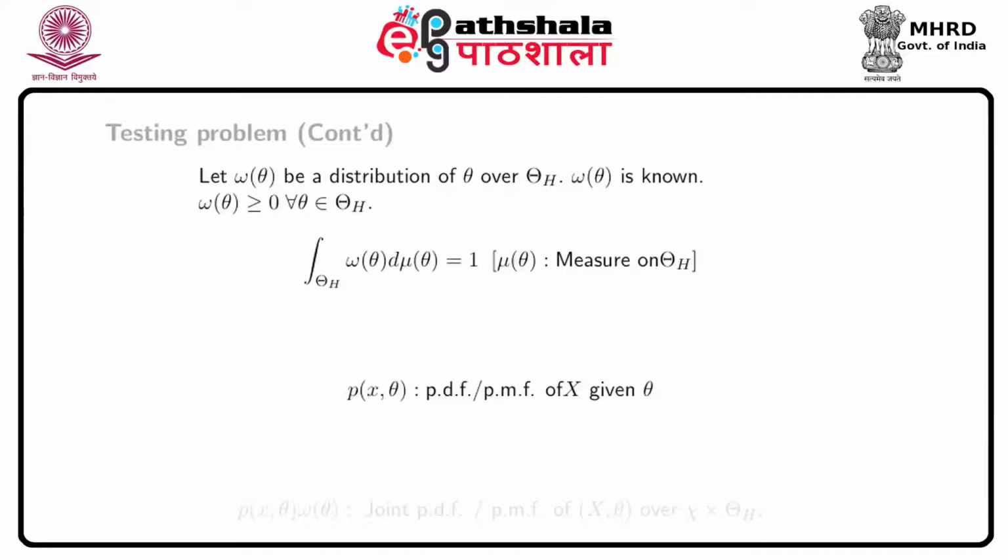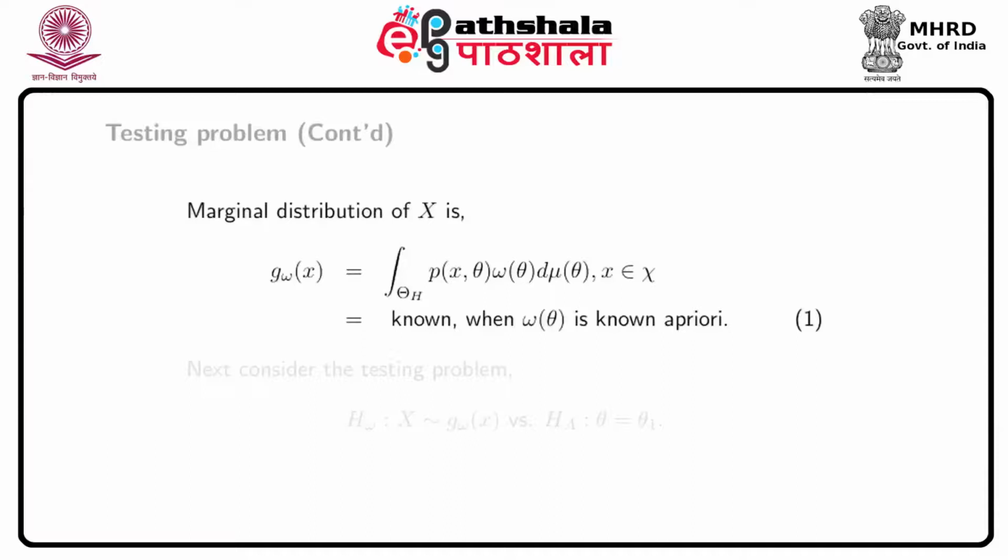Here p(x, θ) is the PDF or PMF of x when θ is given. So p(x, θ) multiplied by w(θ) is equal to the joint PDF or PMF of x and θ over script X multiplied by Ω_H.